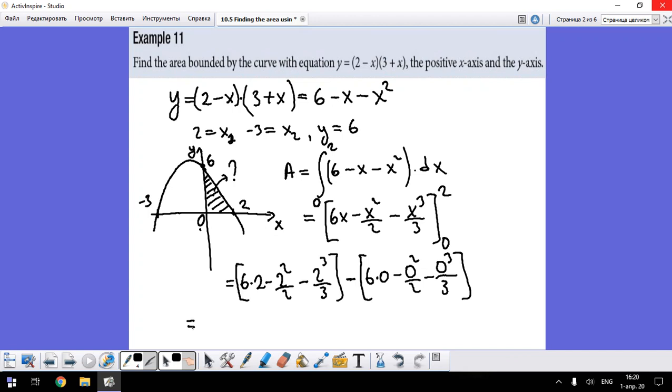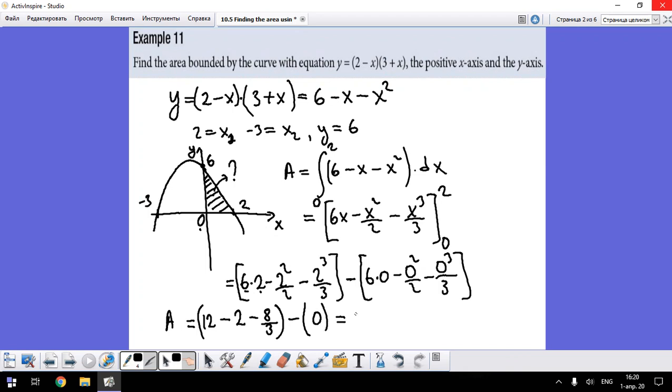So as a result, let's calculate the numbers. There should be 6 times 2, which is 12, and 4 divided by 2 minus 8 divided by 3 in the brackets, and minus the next bracket, which will be 0, as you know.